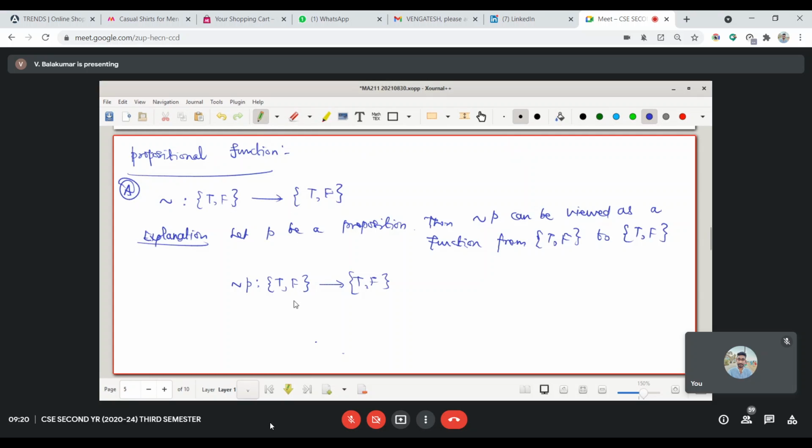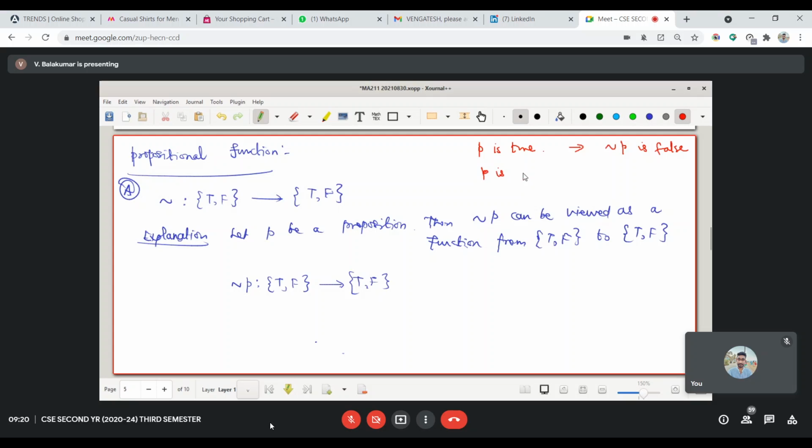In this slide, I am explaining that each proposition we can write as a function. Look here, I am writing this negation symbol as a function from the domain T, F to the codomain T, F. Just before that, let us look: if P is true, this implies negation of P is false.